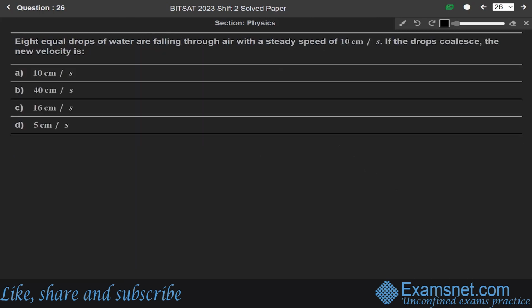8 equal drops of water are falling through air with a steady speed of 10 centimeter per second. If the drops coalesce, the new velocity is. Okay, so in question number 26, let us say r be the radius of the small drops of water, and capital R be the radius of the big drop.